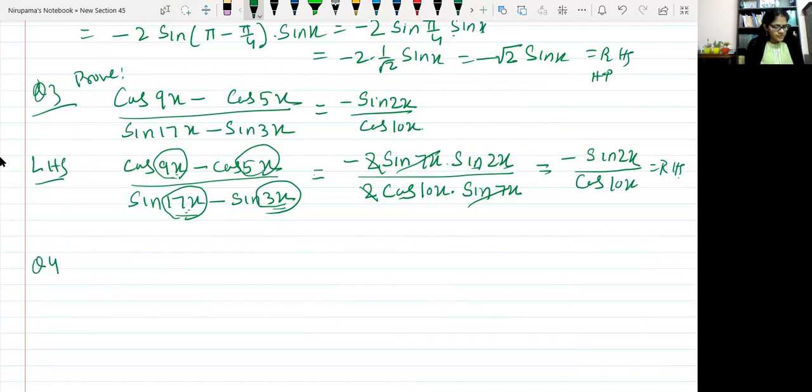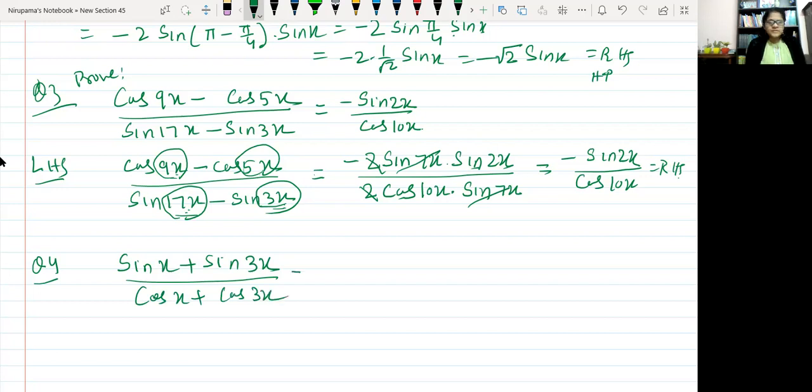Okay, next question, question number 4. Sin x plus sin 3x divided by cos x plus cos 3x is equal to tan 2x.